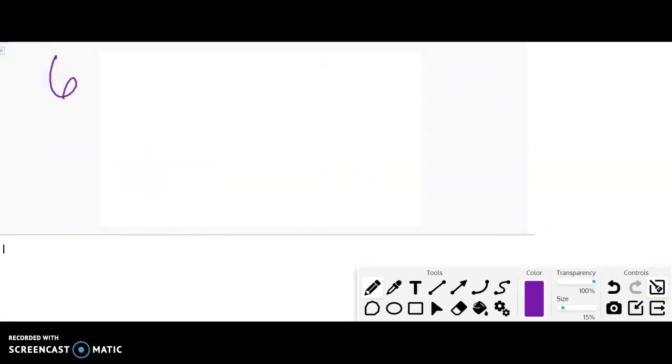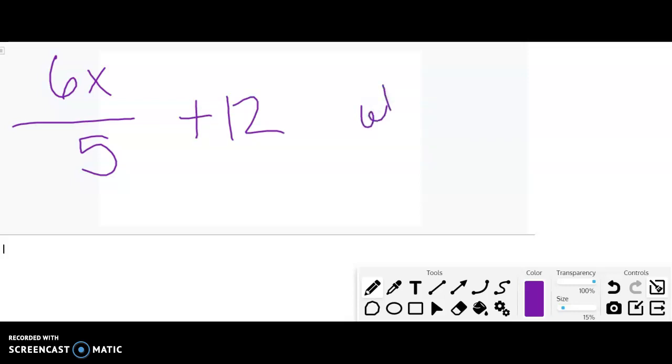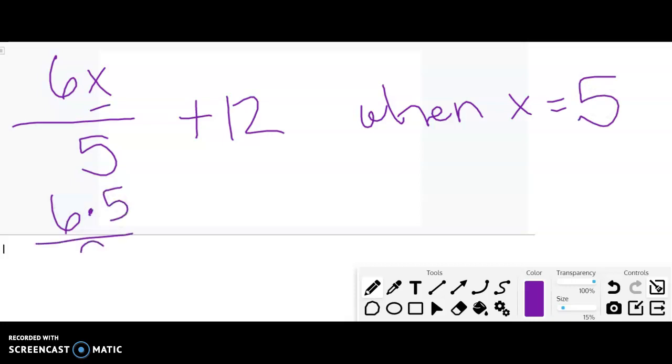So say I had 6x over 5 plus 12. All right, so when x equals 5, I'm going to substitute it in where x is. So 6 times 5 over 5, all plus 12.